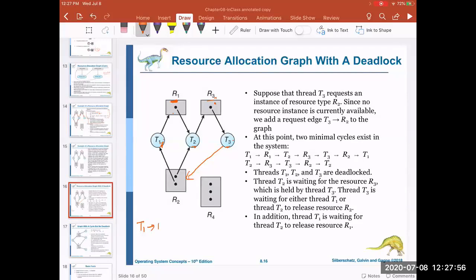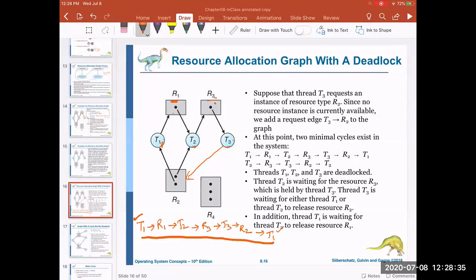So T1 goes to R1, R1 goes to T2, T2 goes to R3, R3 goes to T3, and T3 is requesting R2, and R2 is allocated to T1. So this creates a cycle now, because the ending and starting point are the same. When this situation is happening, we have a deadlock condition.